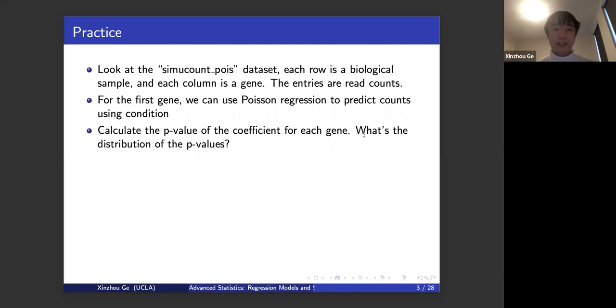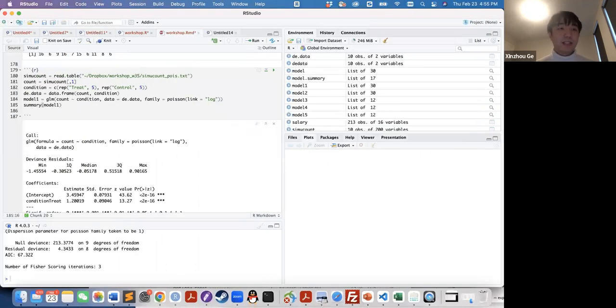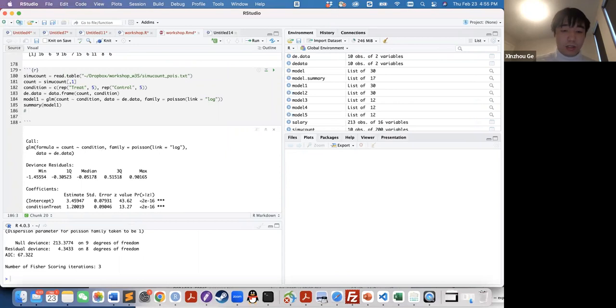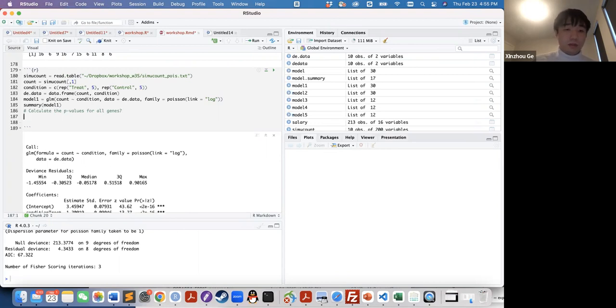And what will be the distribution of the p-values?